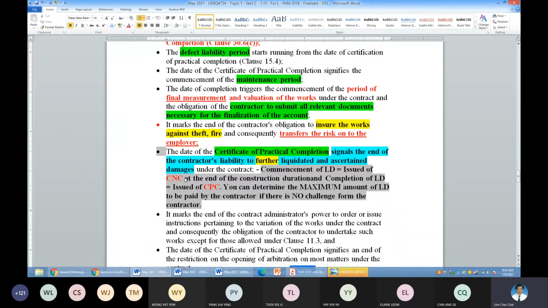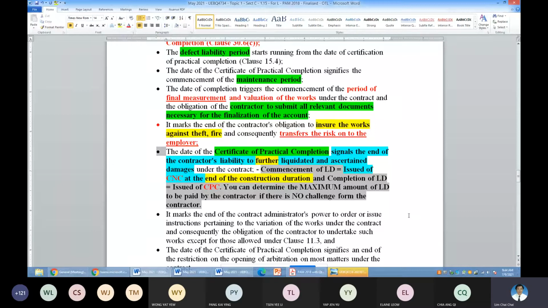The CNC issued at the end of the construction duration will tell you the commencement. But sometimes the CNC is delayed by the architect. It could be issued not at the end of the construction duration. It means that the LD cannot be calculated yet. It is calculated only from the date of the issue of the CNC. So please remember this important concept.